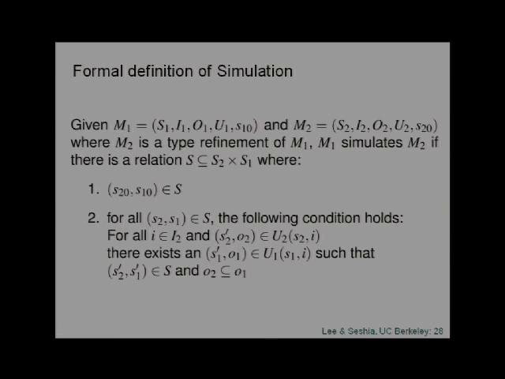So O2 is a subset of O1. Okay. So what we are saying is, suppose I'm in this pair of states. I look at all possible next states in both machines, and if those next states behave the same, and if the output I get in going to those next states is compatible, then these two states are deemed to behave the same.